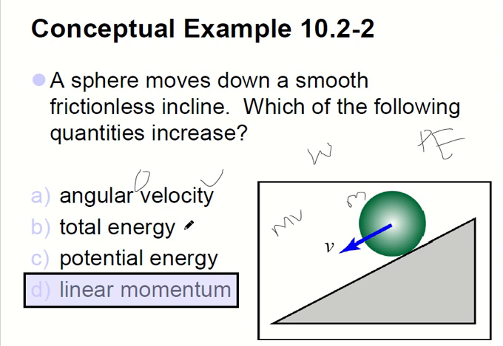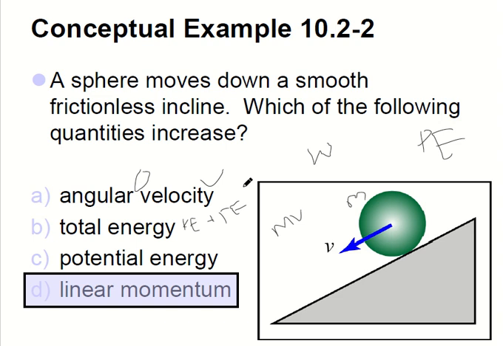Now the total energy of the system, when you think about it, we're thinking about the kinetic energy, KE, and your potential energy. Your sphere is going down from a position, so there is a change in potential energy into kinetic energy.